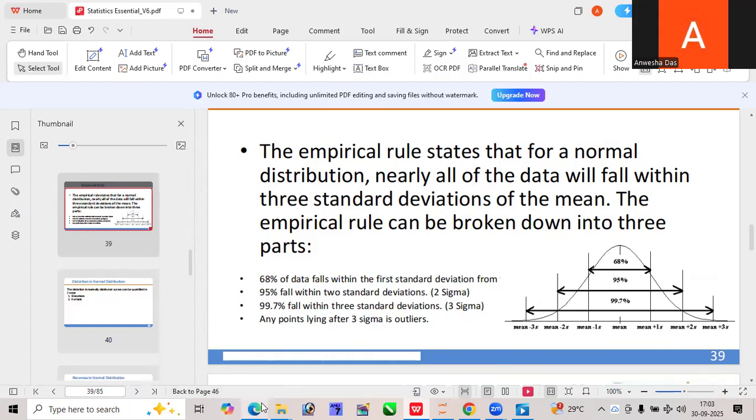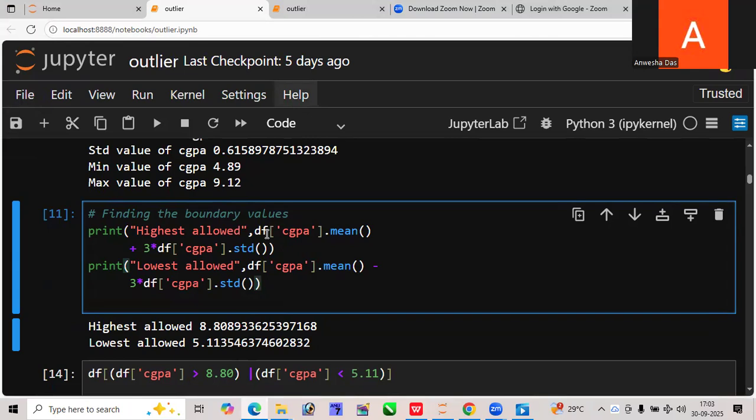That's why here I have applied the mean of CGPA plus 3 standard deviations of the CGPA. And what is the lowest value? That is mu minus 3 sigma, that means the mean of CGPA minus 3 standard deviations of the CGPA.